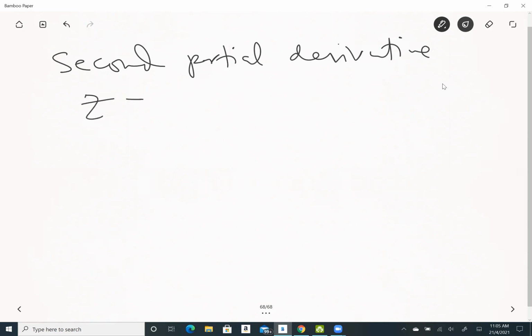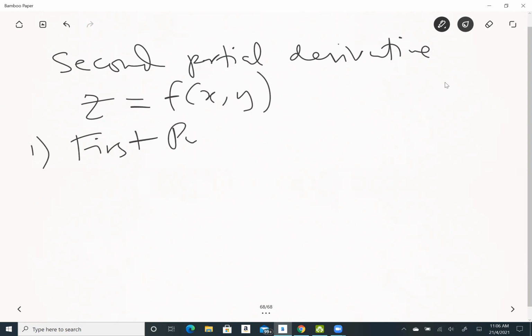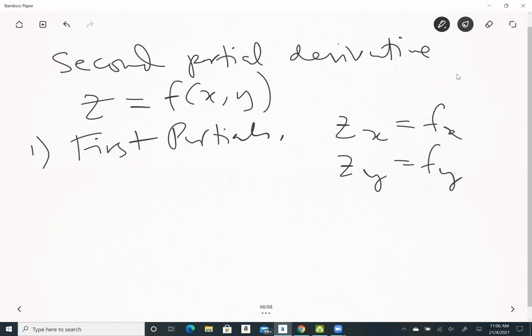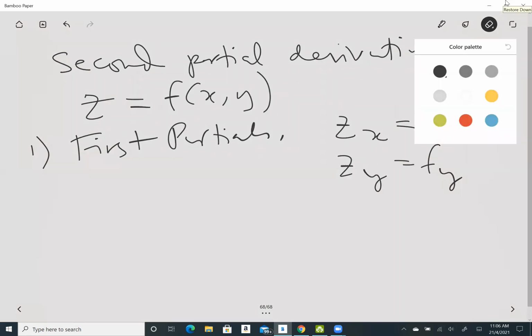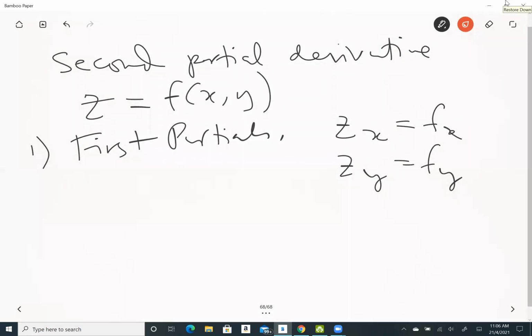So you have the function z equal to f(x,y). Number one, the first partials: zx equal to fx, zy equal to fy. These derivatives fx, fy are functions.